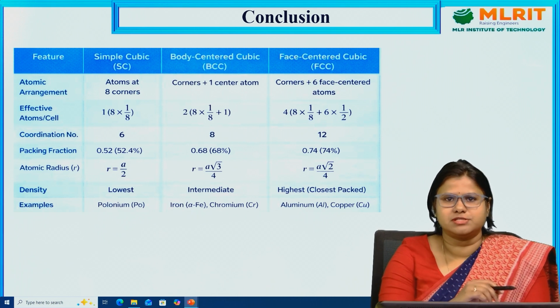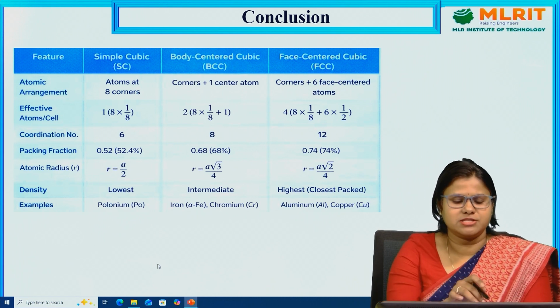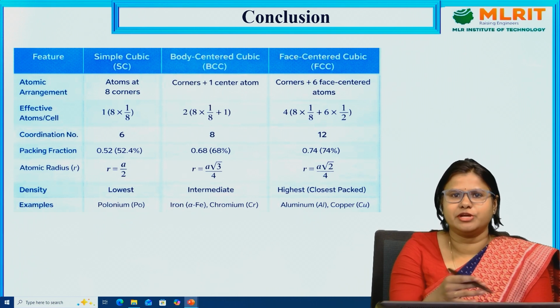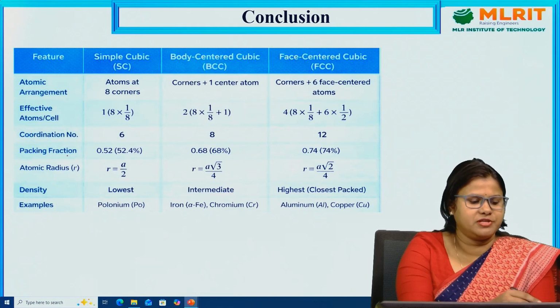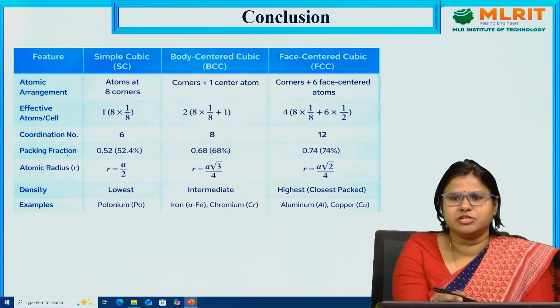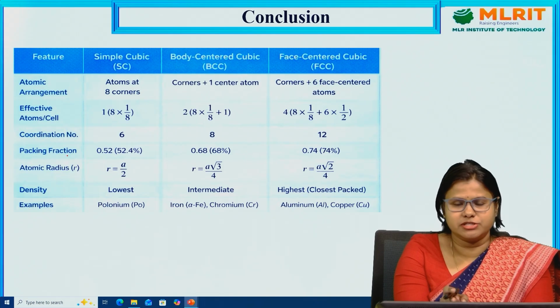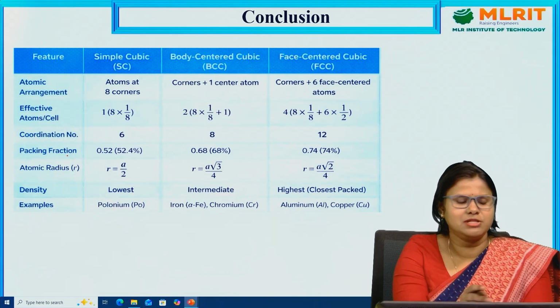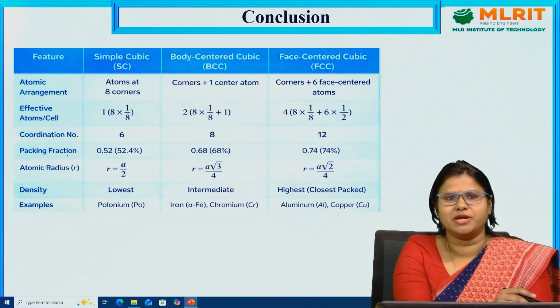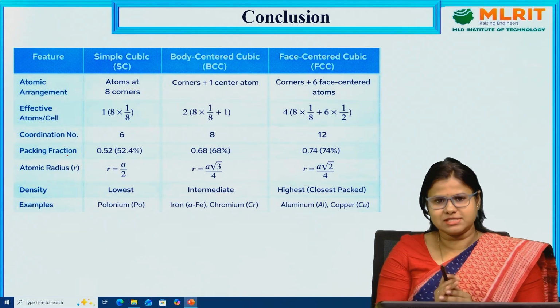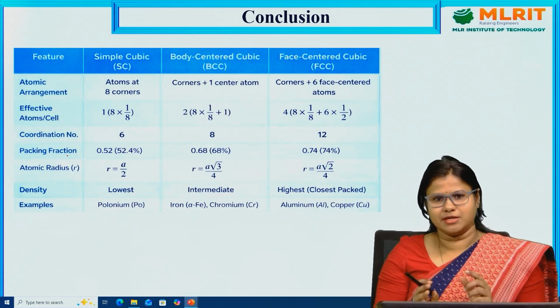To conclude this session, I have summarized the whole session into a table, with particular parameters for the three crystal systems. Let's consider the atomic arrangement. For simple cubic crystals, we have atoms at each corner of a cube.